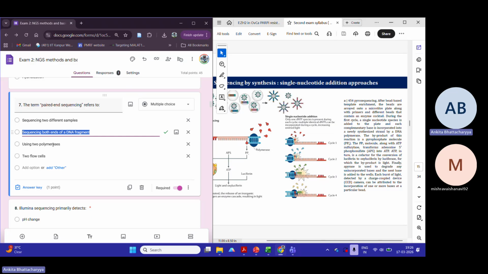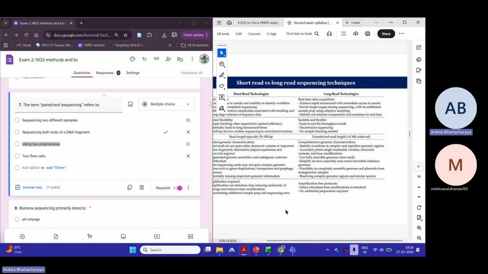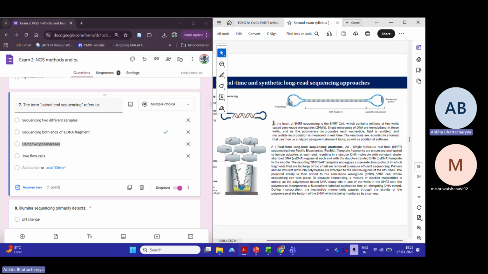However, this particular possibility of using two different polymerases can exist if you look here, while technically it doesn't happen. But in the SMRTbell template, because you have two ends, it is possible that two different polymerases can potentially carry out sequencing at the same time. However, it will not be recommended.